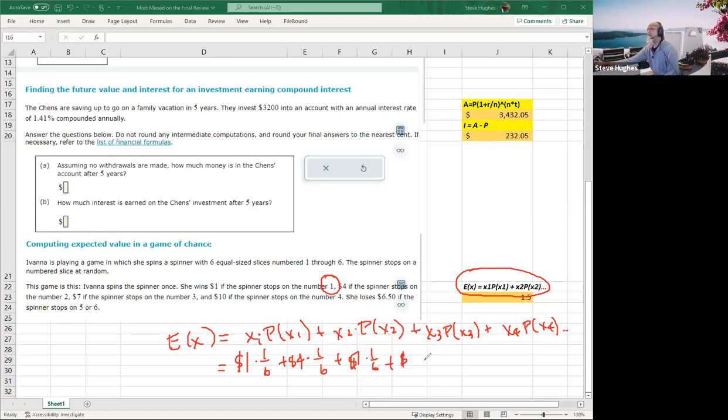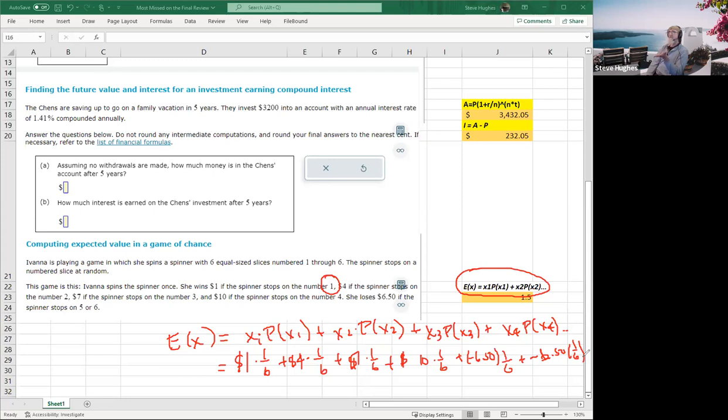Plus, she gets $10 if she lands on a four, 10 times 1/6. Plus, she loses 6.50. That's a negative amount, so negative 6.50 times 1/6, plus negative 6.50 times 1/6. So the dollar amount is the event.